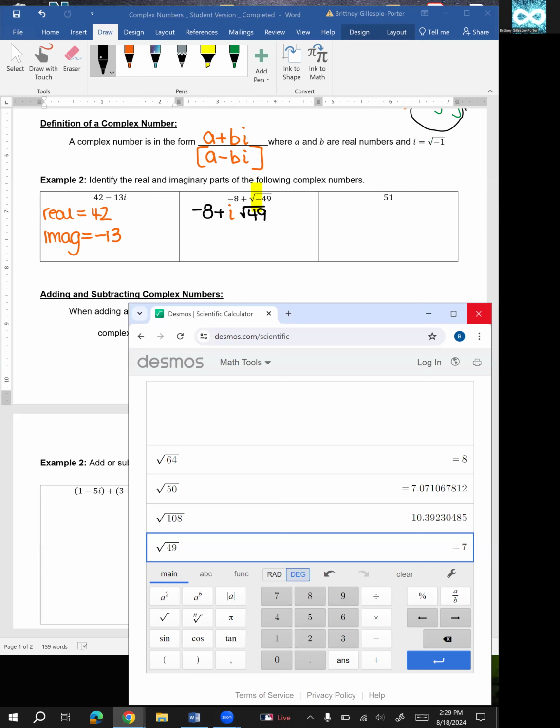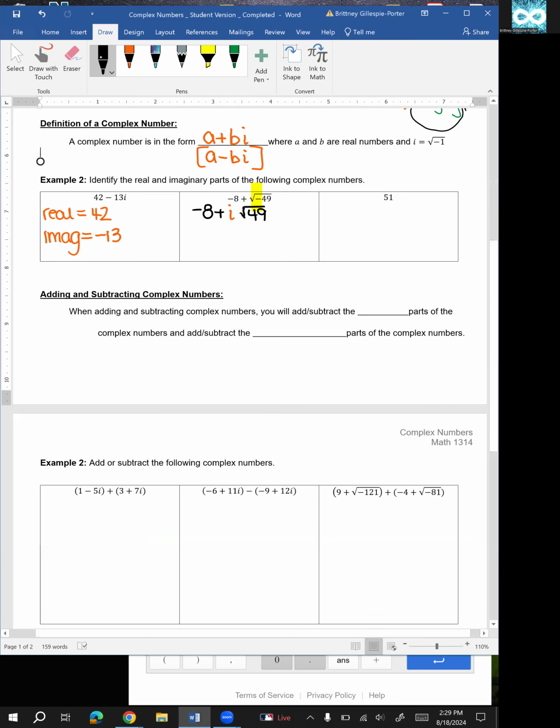The square root of 49 gets us 7. Because 7 is a nice whole number, no decimal, we are not going to have a square root in our answer. So we're going to have -8 plus 7i, because we don't write i7. Do you have to do this first step where you take out the i and then write the square root of 49? No, but take that step until you get comfortable.